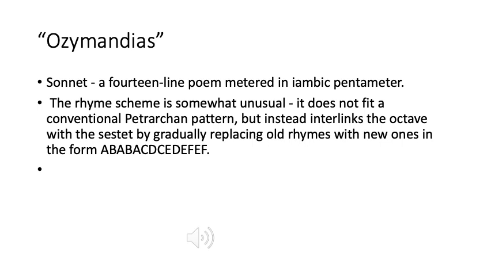He sticks to the Petrarchan pattern, probably an octave and a sestet, but we find that he interlinks the rhyme scheme in such a way that you have a rhyme scheme that goes A, B, A, B, A, C, D, C, E, D, E, F, E, F. So it's a different pattern that Shelley follows, very much in keeping with his unconventional ways of life and poetry.